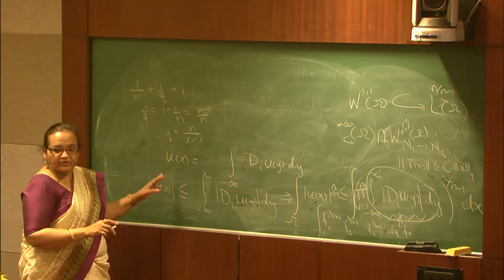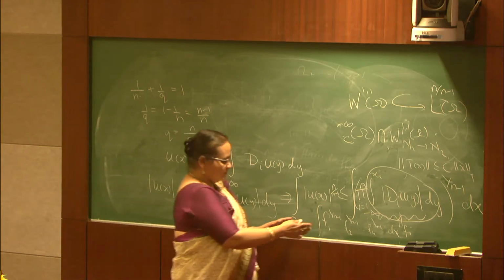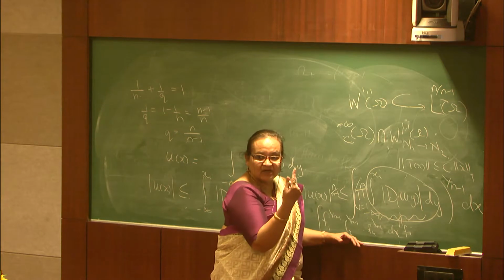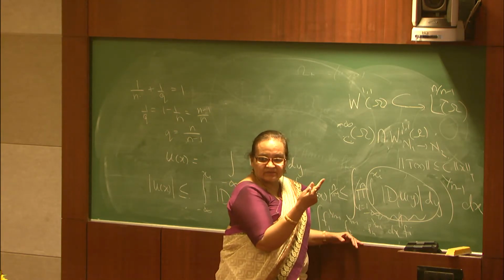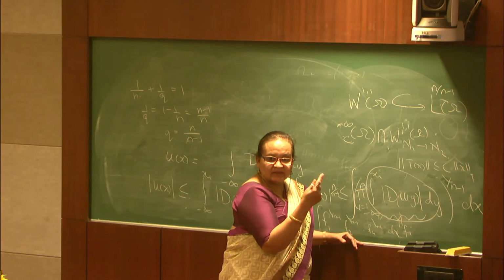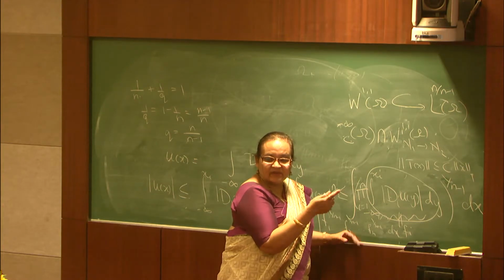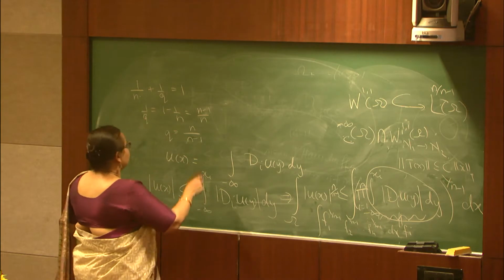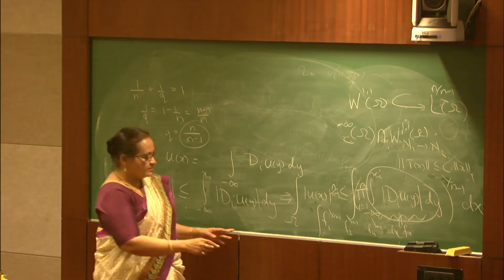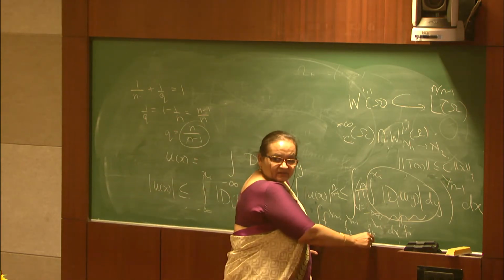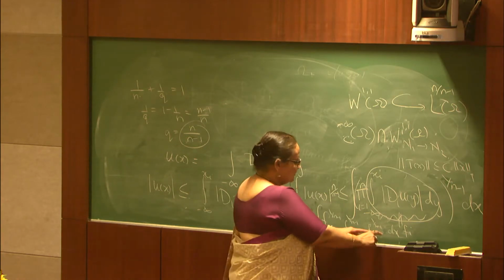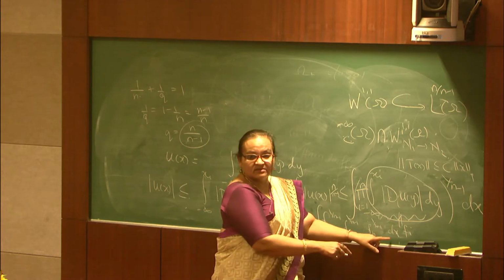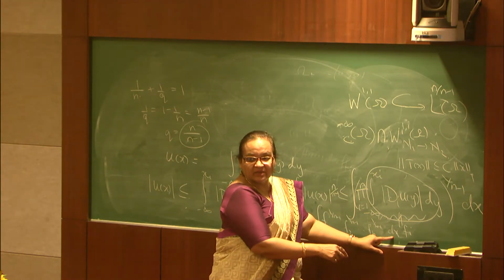So what I can do is think of all these n functions plus 1 constant. I can think of 1 as a constant and apply Holder's inequality. So this n upon n minus 1 gets split into the first n functions, and the remaining 1 upon n gets split into that other one.